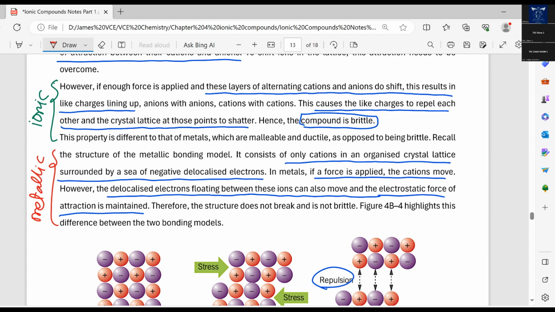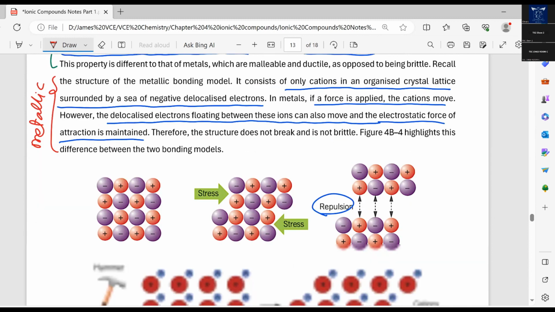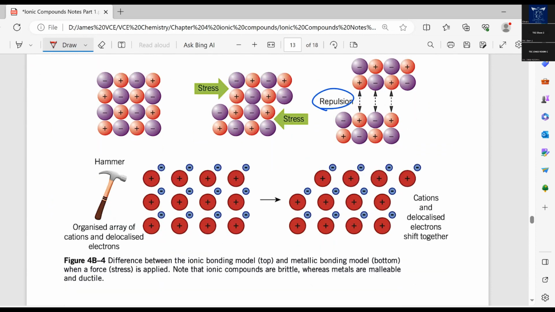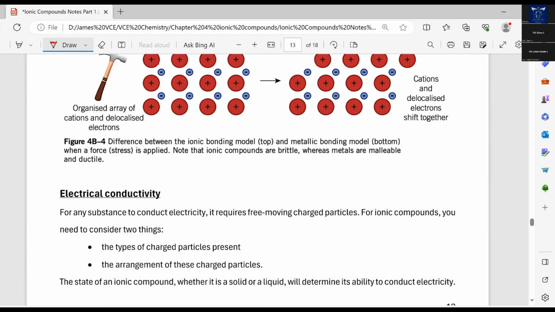Ionic compounds don't have electrons moving in between; they are a fixed structure of ions, so once they move, they will repel each other. This is a model for the delocalized electrons. As you can see, even when this shifts, the electrons actually move together with the ions. That is the difference between them.